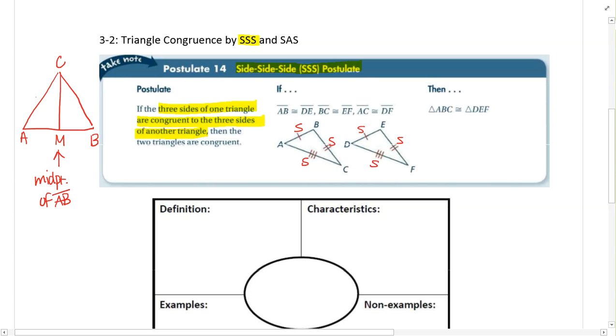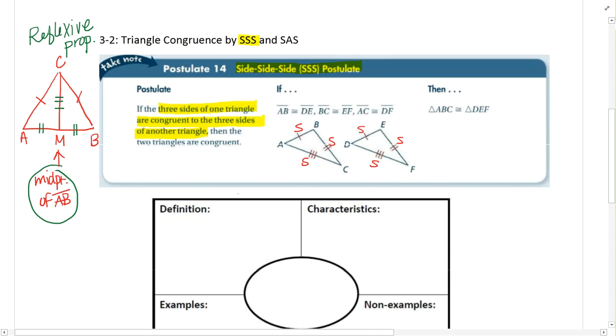And then they also tell us that AC and CB are congruent. Is that enough to use side, side, side? The answer is yes. If M is a midpoint, then that means that AM is congruent to MB. And then also remember that if we have a shared side like we do in the middle, it's congruent to itself by the reflexive property. So that one comes up a lot in these proofs. So just get used to it now.